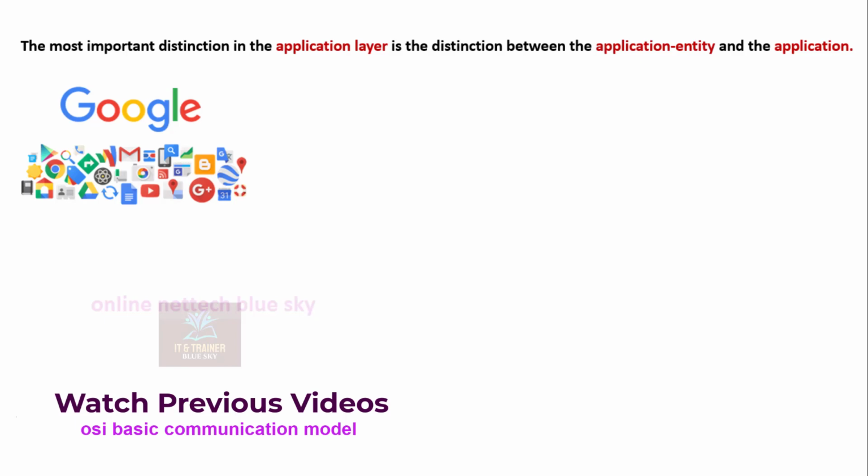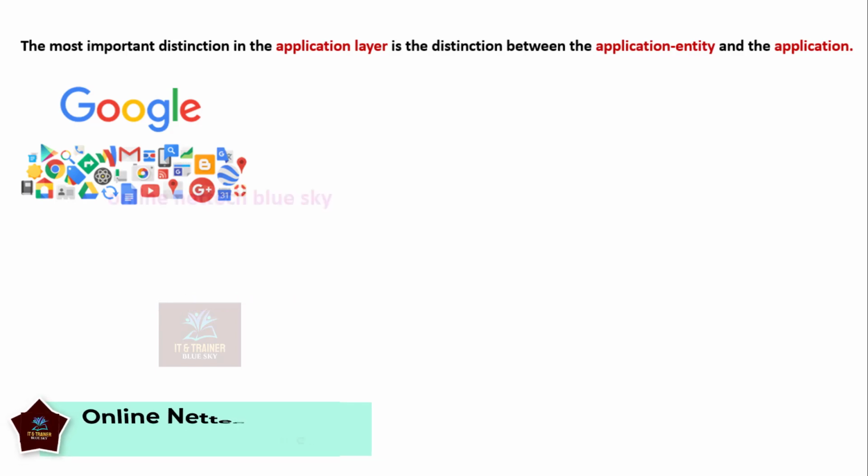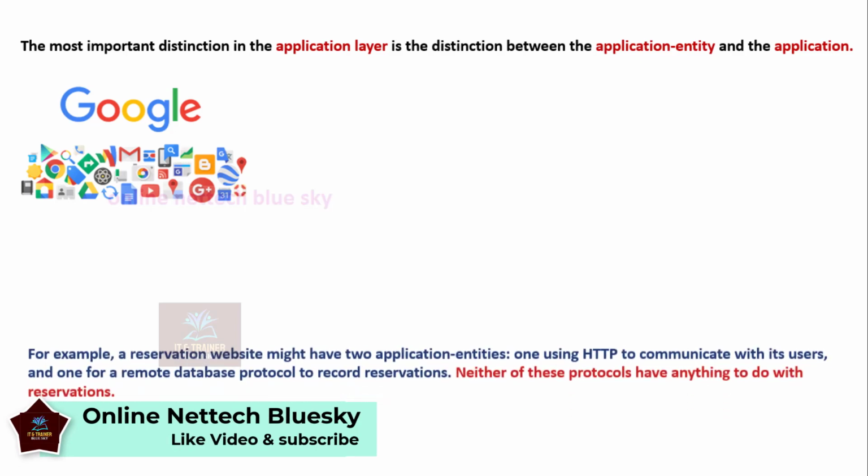You can see Blogger, Google Plus, Mail, different types of browser, Play Store, APK, Google File Store. How does this application layer work in this system? Because there are different categories of application layers you can open and use. Okay, second is very important.